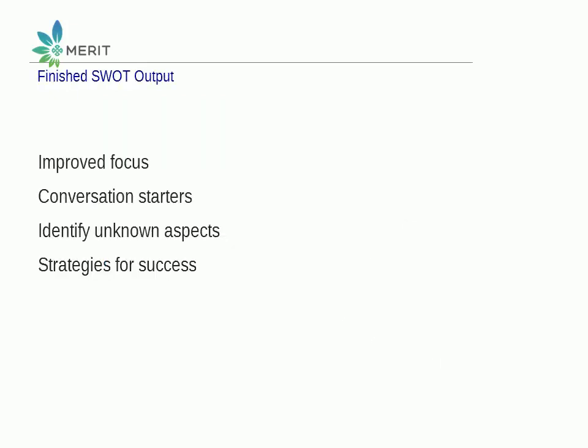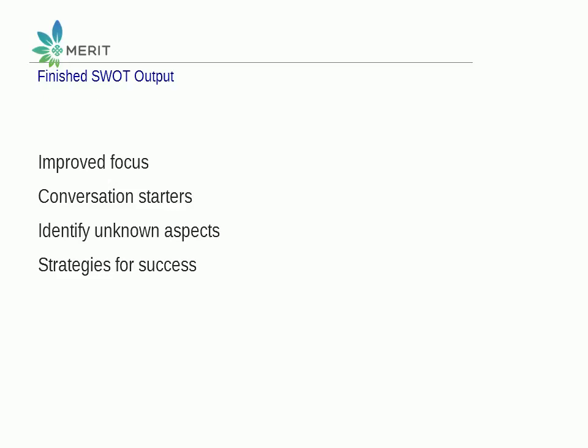The finished SWOT output will tell you what the goal is. It's improved focus. It is an opportunity to start the conversation with each other as to what we found. And it will help us identify unknown aspects, really, because as an institute you're quite large, you have many divisions, and maybe people in other divisions do not know what your issues are and what your strengths are.